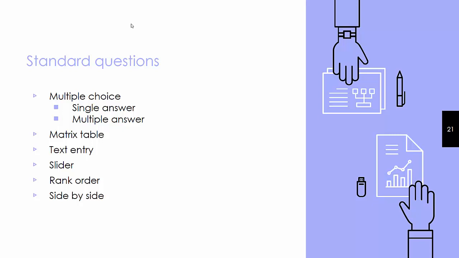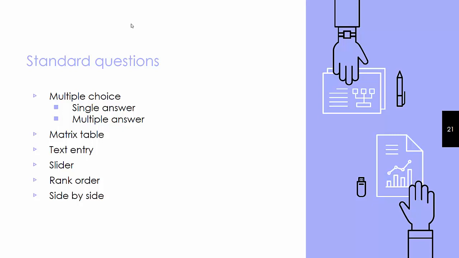You have a text entry, which is essentially your open-ended question. A slider, and we will look at that too. Essentially, a slider is where you can say, from 0 to 100, how much did you like something? And your participant actually uses a slider to tell you how much they like something.